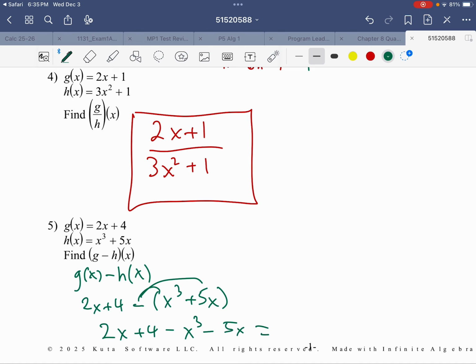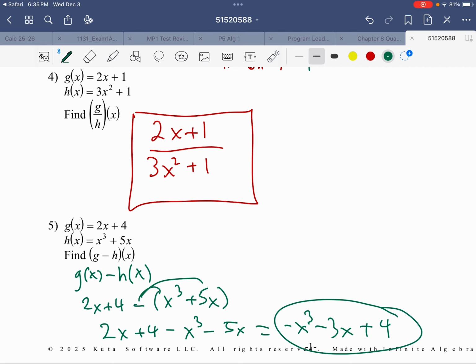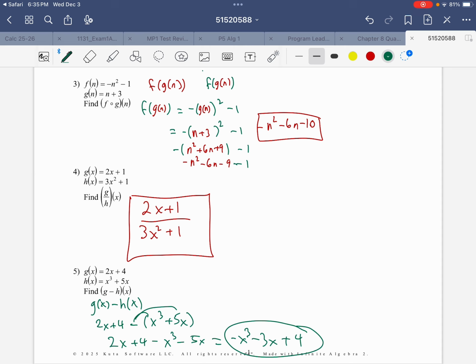So I'd write this like the negative x cubed, if I was going to write it in standard form. 2x take away 5x is minus 3x, and I'm adding 4. So for all of these so far, I'm not inputting a value. I'm just trying to write the product, the quotient, like the operations as some expression for the function.